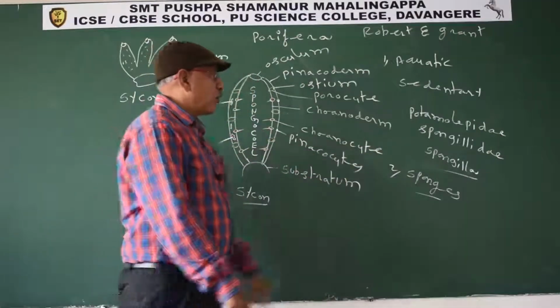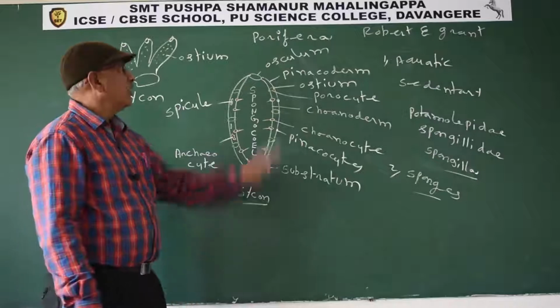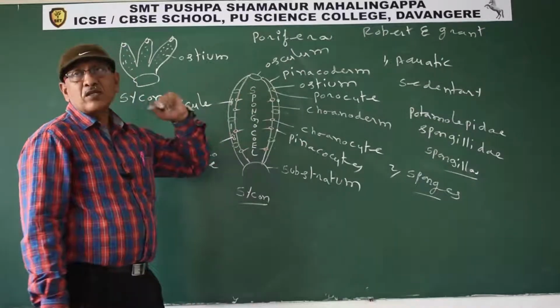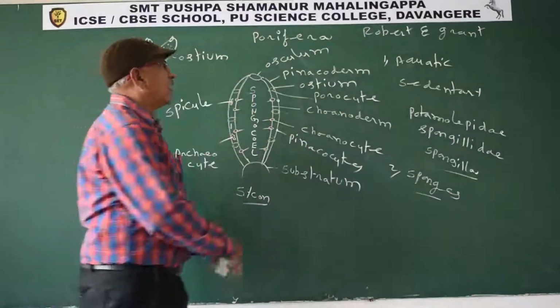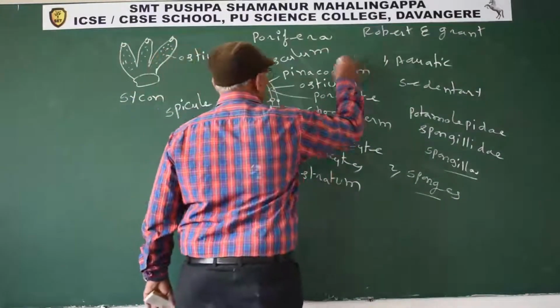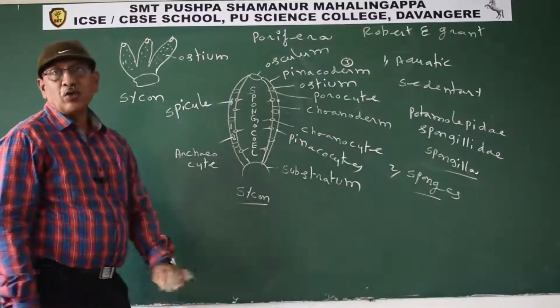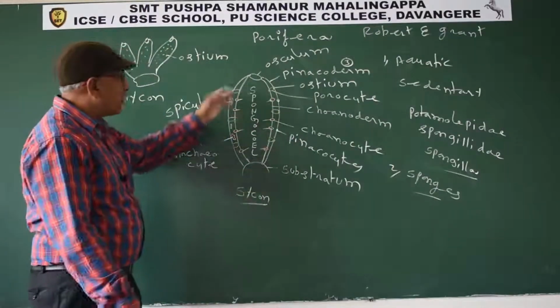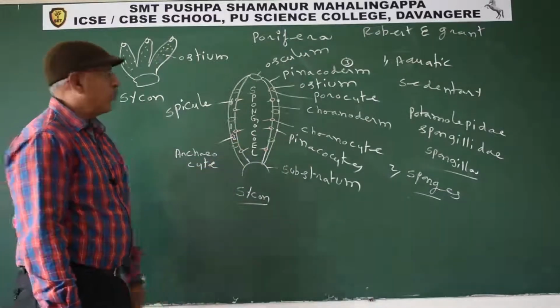For example, Spongilla, commonly known as freshwater sponge. Second point, members of Porifera are commonly known as sponges. Third point, body wall contains outer pinacoderm, inner choanoderm. Different types of cells are present in the pinacoderm and choanoderm.